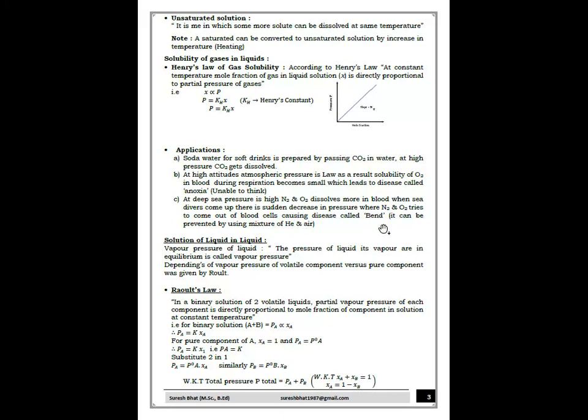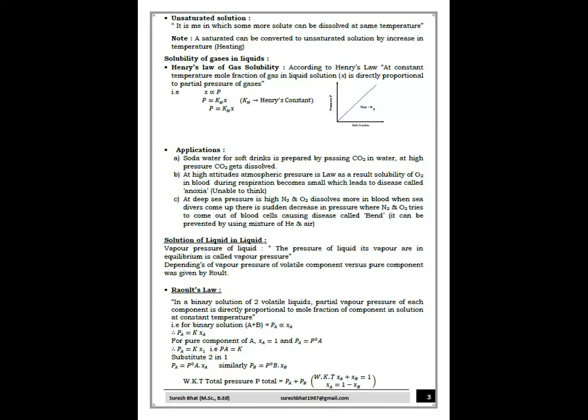I'll explain the statement here. What the statement is telling is, if a sea diver goes into the deep sea, what will happen to the pressure? Pressure is higher. When pressure is higher, nitrogen and oxygen get dissolved in our blood more. When the same sea diver comes above the surface of the sea, inside the sea pressure is higher, but when he comes outside the pressure is lesser.